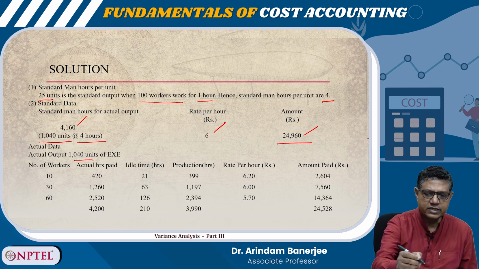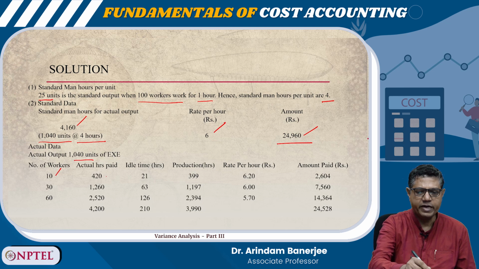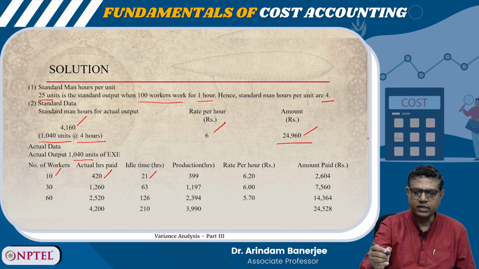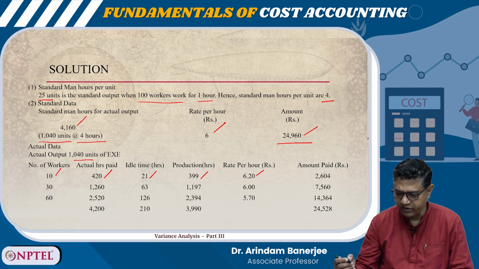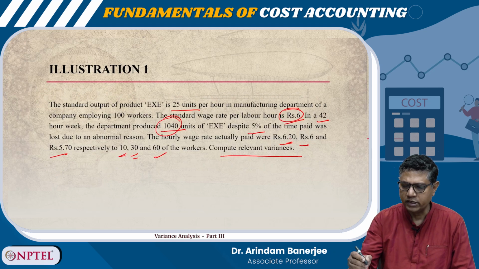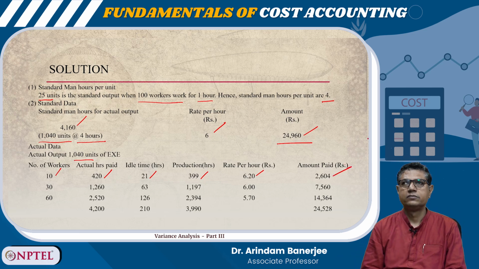So, number of workers 10, actual hours paid 420, idle time 21, production hours 399, rate per hour 6.20, which is given in the question. So, the amount paid we can calculate: 2604.